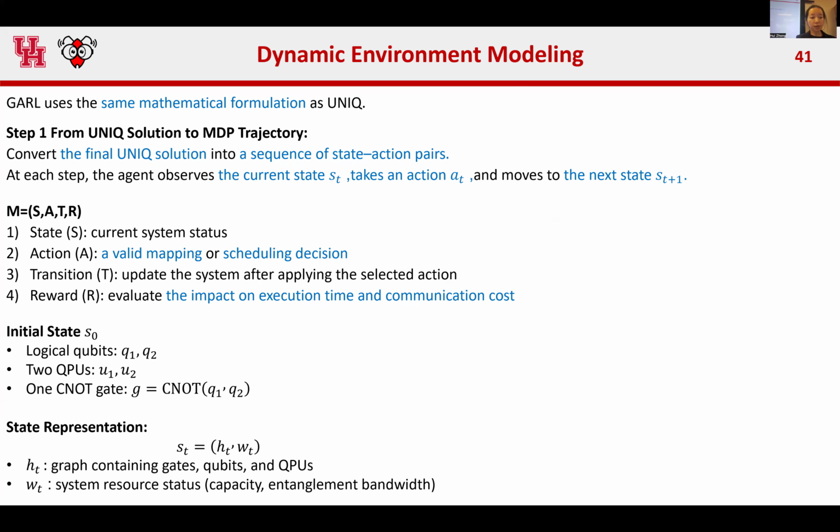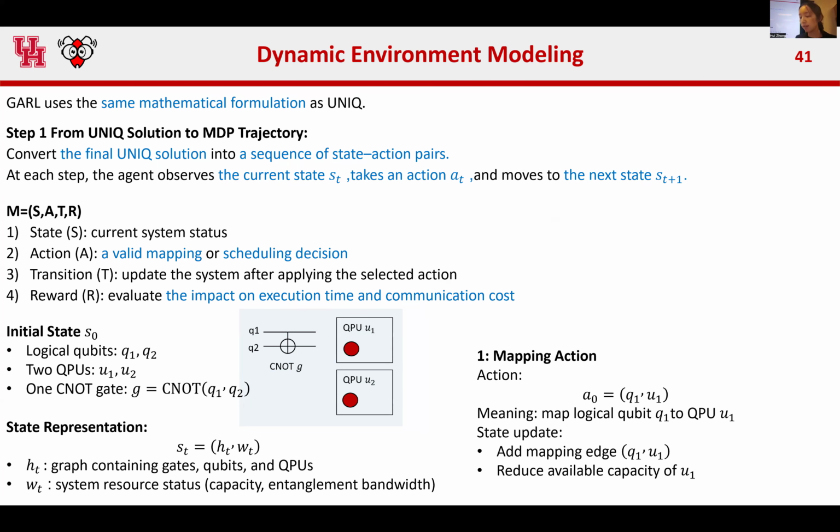The state representation is HT, the graph containing the gates, qubits, and QPUs. WT is the system resource status with the capacity, like the entanglement bandwidth. Here is an example showing the initial state: two qubits, one CNOT gate, and two QPUs.